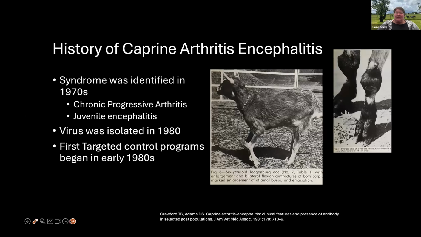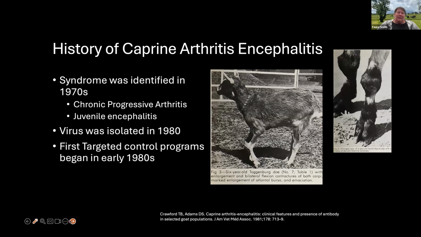The virus was finally isolated in the 1980s, and then we started to see farms institute the first CAE-targeted control programs in the early 1980s. What I will say is that in the 60s and 70s, especially in dairies in California, there were some really big issues with Mycoplasma mycoides subspecies mycoides large colony, now called capri.